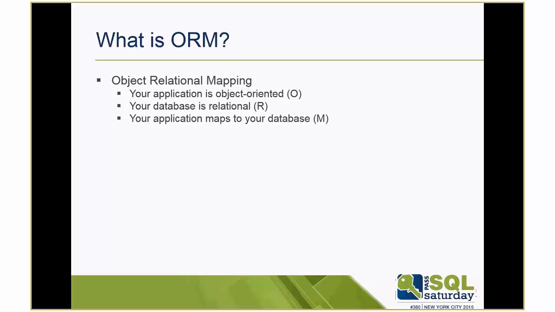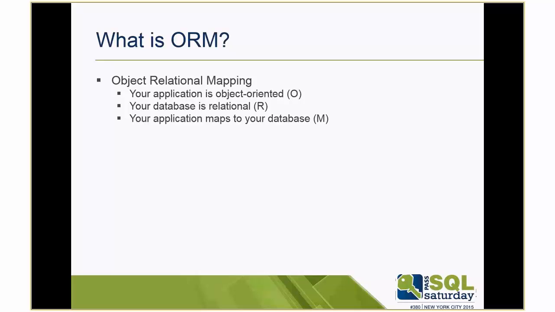In one way or another, you need to map those two in order to get your application to work, right? You need to get data from the database, your relational database, into your objects, and back again when changes need to be pushed back to the database. And so it's the mapping layer, that's the M, that is shuffling data back and forth between the relational database and the object-oriented application.